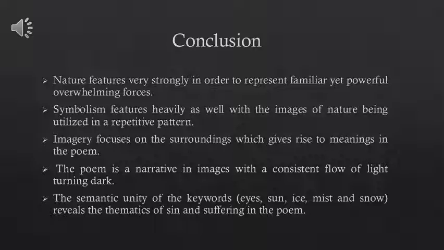So this flow of light turning dark, I feel like it really allows the reader to investigate and explore this sin and suffering, which actually revolved a lot around the mariner, the person telling the story in the poem. So yes, I do believe that is a great poem discussing notions of sin and suffering via these elements of nature.